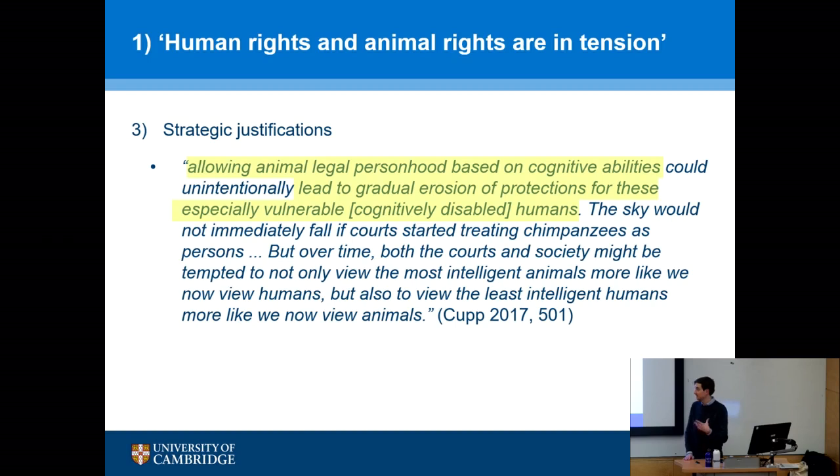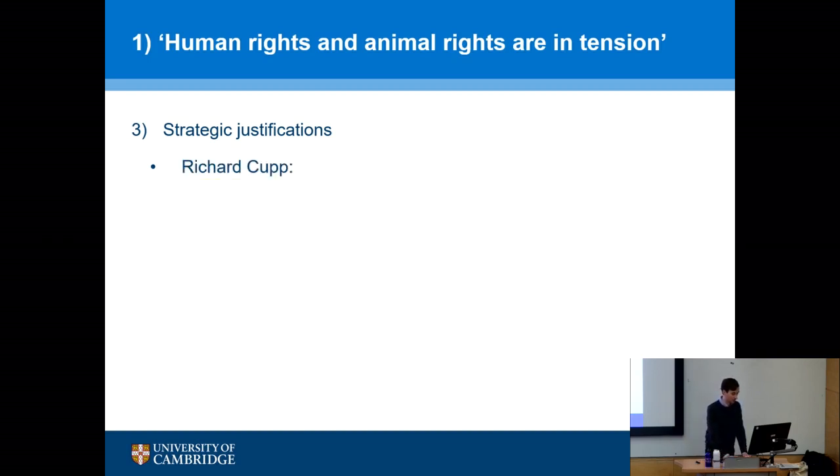Right? So that's his fear, and out of that strategic consideration, if you like, he says we should reject animal rights claims. The courts should reject habeas corpus on behalf of chimpanzees and elephants. And he has filed numerous amicus curiae briefs making that argument, and many courts have found him to be compelling.